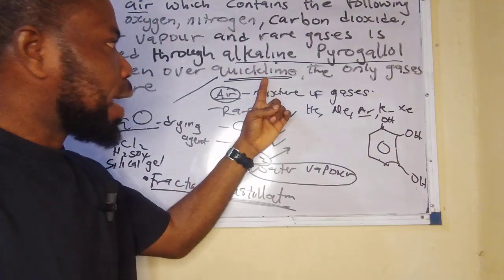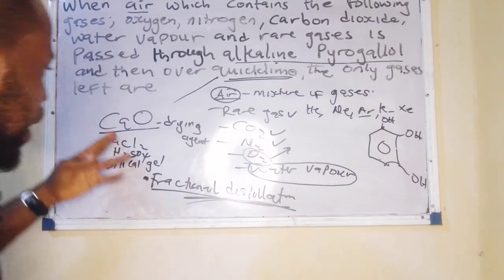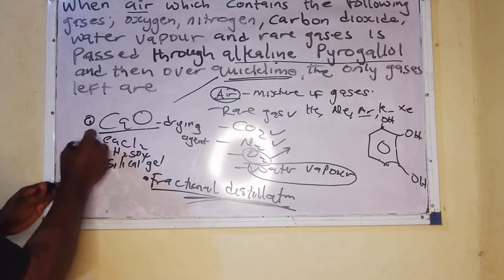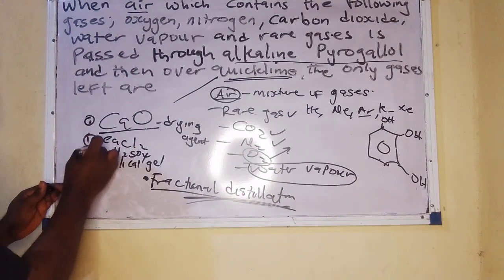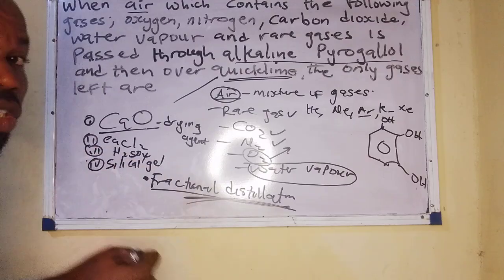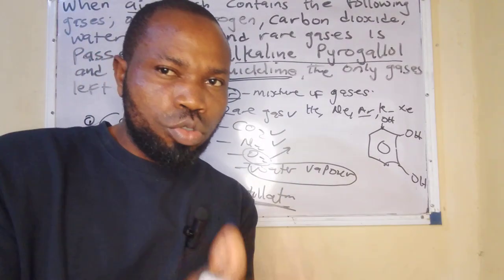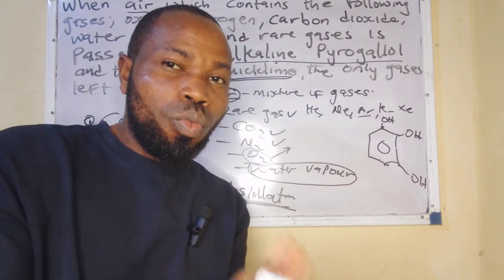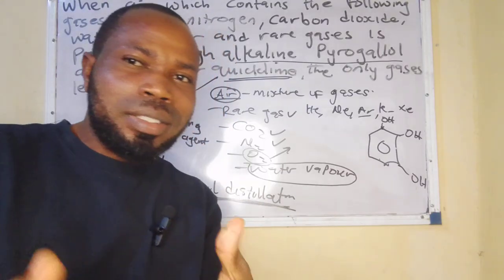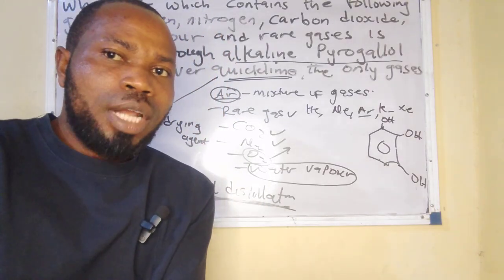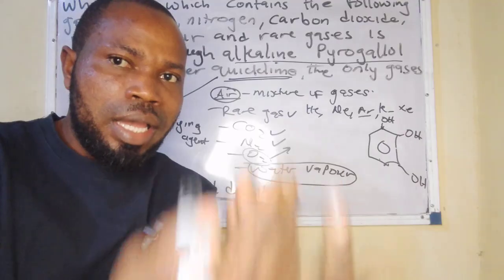Now, quicklime is a drying agent, and I listed other examples of drying agents that you must pay attention to. It's not all compounds that can be used as drying agents. So in our subsequent videos, I'm going to show you how to identify a drying agent and what properties a drying agent must possess to be used in the laboratory.